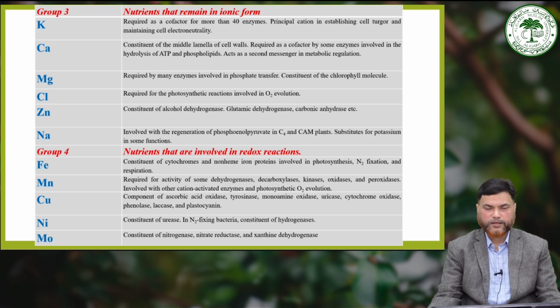Sodium is also involved in cellular processes like other essential mineral elements and plays a key role in the regeneration of phosphoenol pyruvate in C4 and CAM plants, and it can also substitute potassium in some functions. So, in this respect sodium has a very important role.